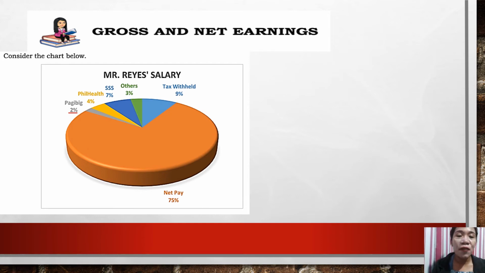Another is PhilHealth, 4%. Then there is SSS at 7%. Others, I don't know what the others are, only Mr. Reyes knows, 3%. And tax withheld is 9%. His net pay is 75%.